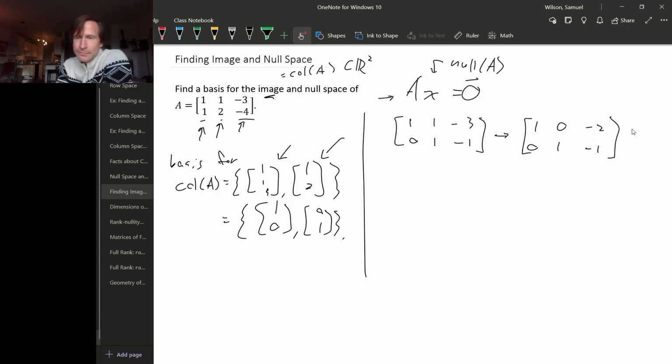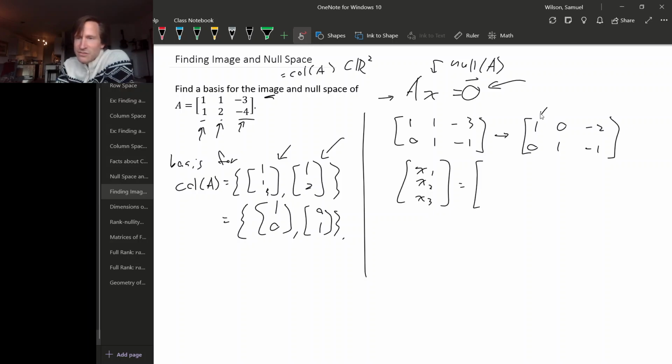Okay? Now remember, we can use this reduced row echelon form to write down the collection of solutions to this homogeneous equation. We're going to need an x1, an x2, and an x3, right?